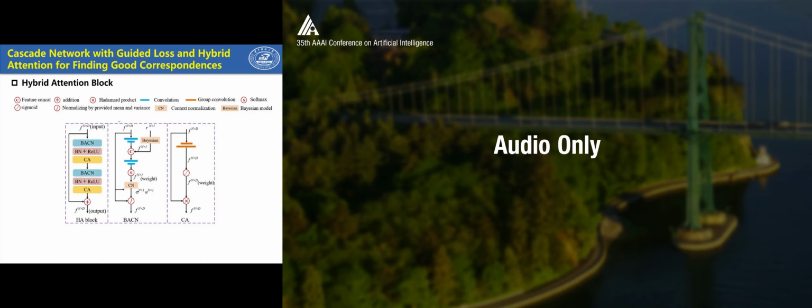Then, we use the context normalization operation to encode a feature for each correspondence. The key to BACN is how to better learn the weight vector for computing weighted mean and variance. In the shallow network, it is hard to learn an appropriate weight vector because the features in these layers are less recognizable.